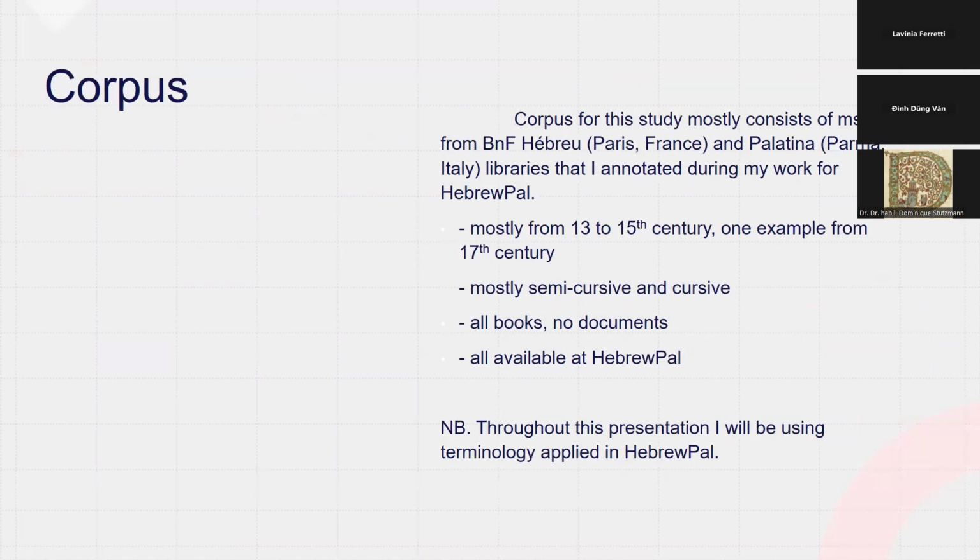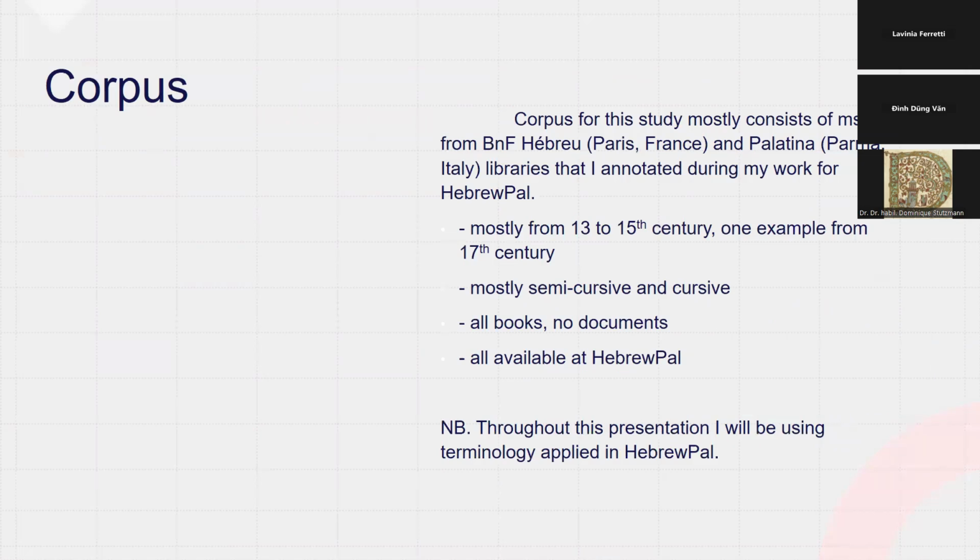As I've already said, the material consists of manuscripts from the BNF and also from the Parma collection that were annotated during my work for Hebrew PAL. Mostly they are from the 13th to 15th century.